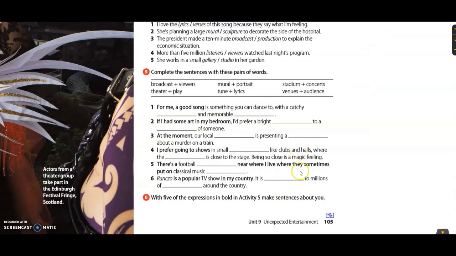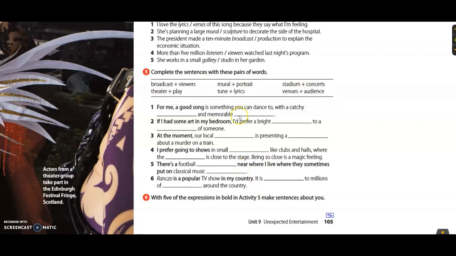Now let's go to the next exercise. Yes, in exercise 6, we have: with 5 of the expressions involved in activity 5, make sentences about you. So you have to choose 5 of these expressions, guys, and make 5 simple sentences talking about you.